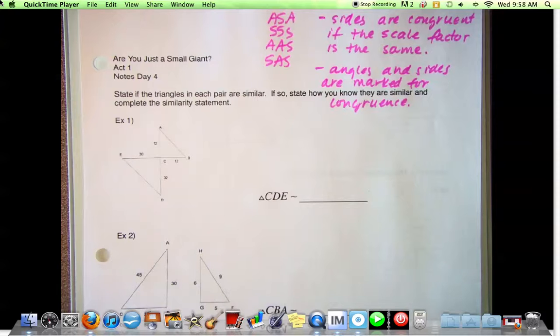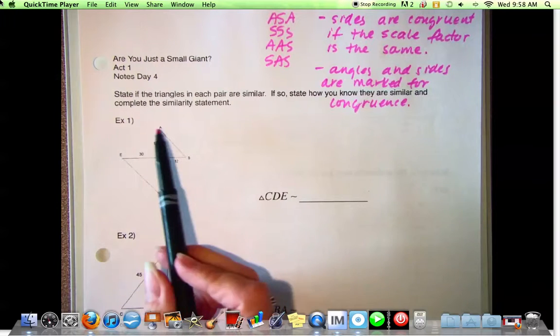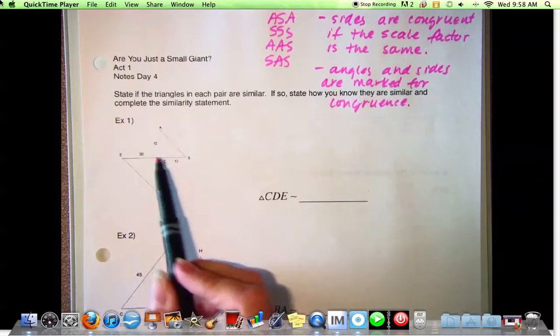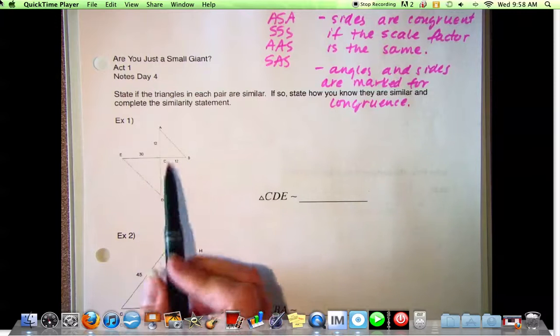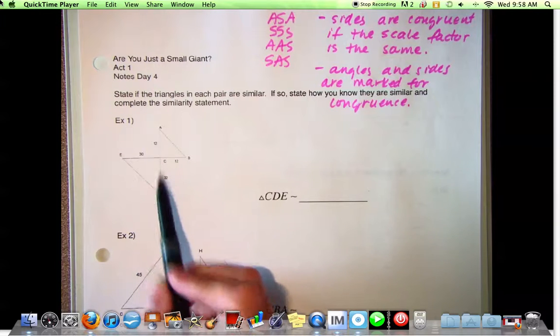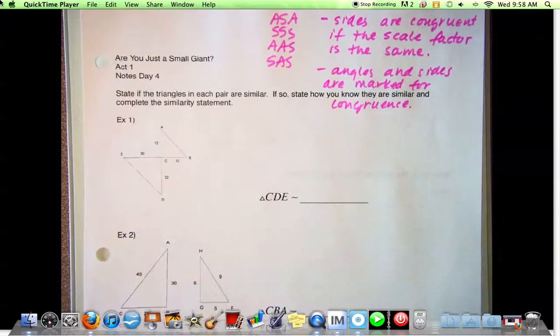So, for example 1, we are given side lengths for triangle ABC, and we're given side lengths for triangle CBE. We're not sure if the angles are congruent because there's no marks.